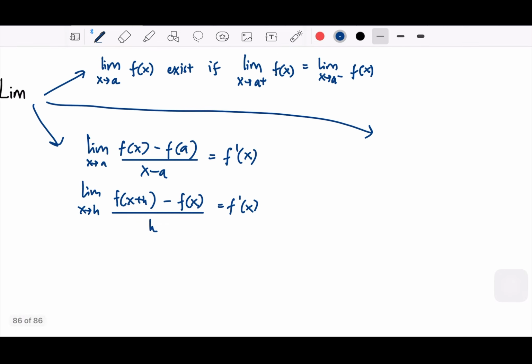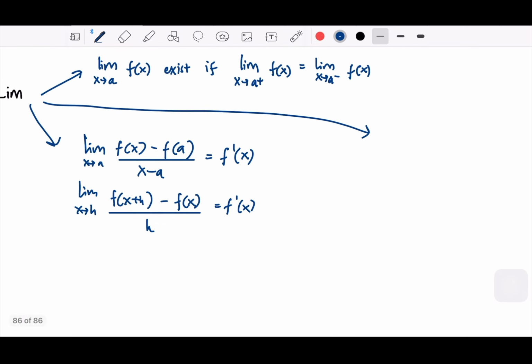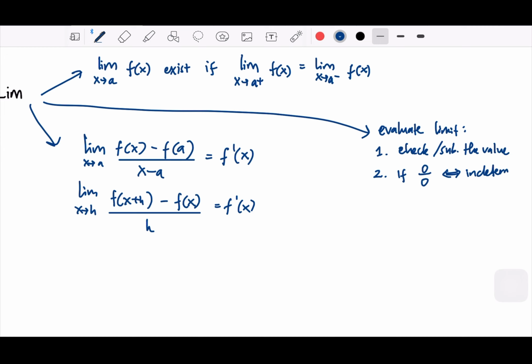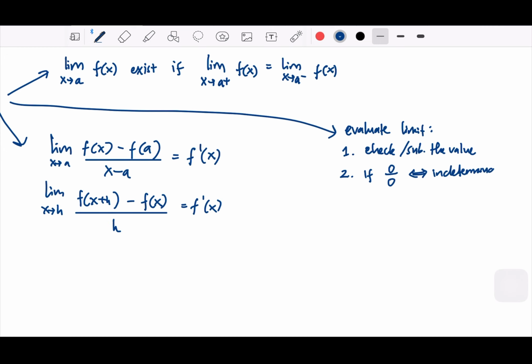And when you deal with the limit, we need to know how to evaluate a limit. First, check or substitute the value, right? And the second, if it's 0 over 0, then it will become indeterminate forms.